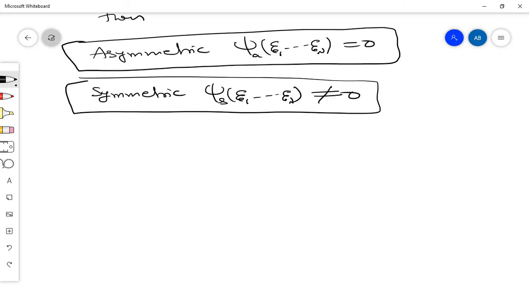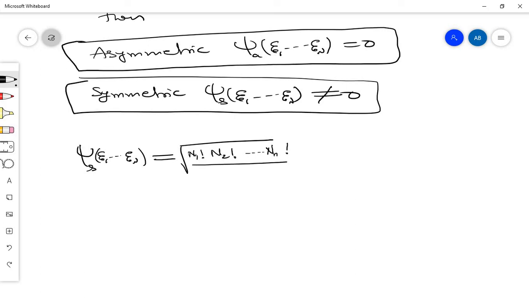The symmetric wave function will be equal to the square root of n1 factorial, n2 factorial and so on, nn factorial, whole divided by n factorial.